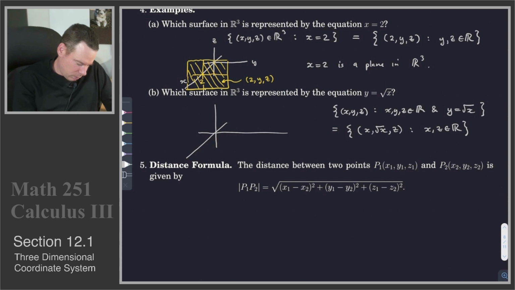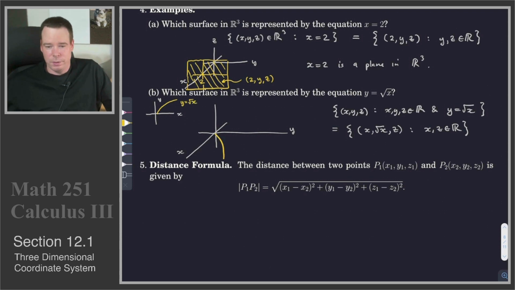So what is this going to look like? It's kind of a funny way to draw this, but what I've really drawn here is I've taken the curve that I know in the xy plane, y equals root x, and I've just drawn that curve now in the xy plane on our three-dimensional coordinate system.